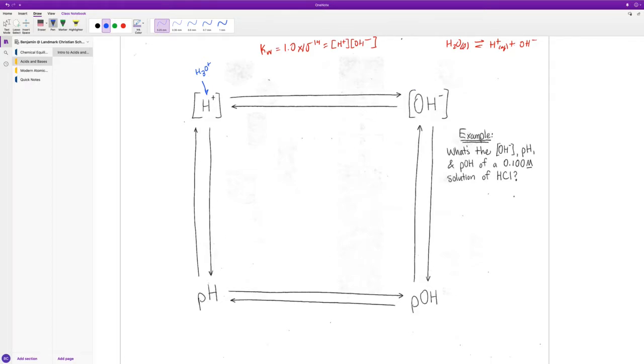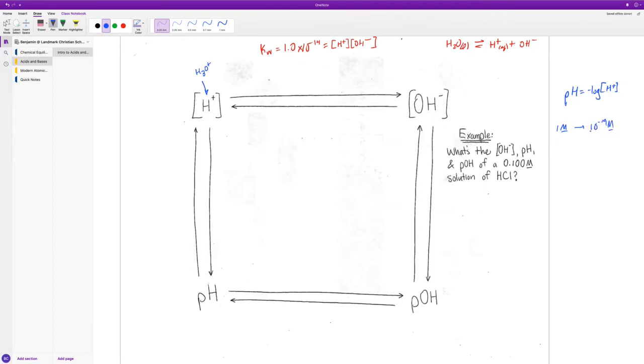Also the definition of pH. So pH is just simply the negative base 10 logarithm of H+ concentration. It's an easy way to deal with a large range of hydrogen ion concentrations from basically 1 molar all the way to 10 to the negative 14th molar.